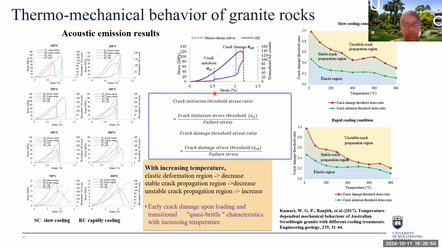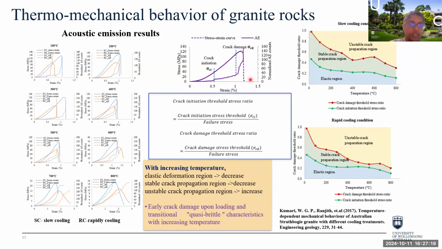Initial crack closure, when most pre-existing cracks are first closed, there is an insignificant release of AE counts, and then a stable crack propagation period where release of AE energy increases gradually, more linearly, and then an unstable crack propagation period with an exponential increase in AE energy, and then damage or failure.